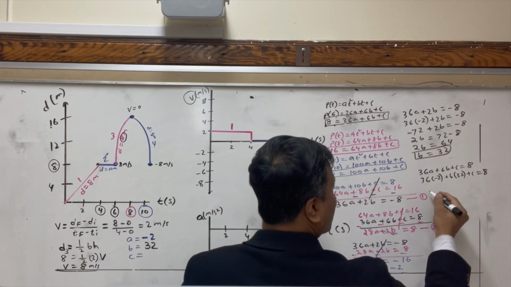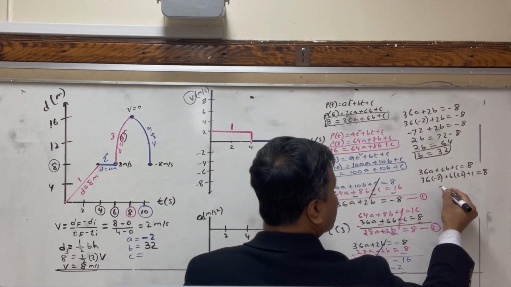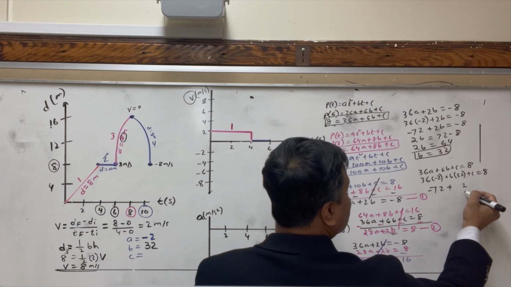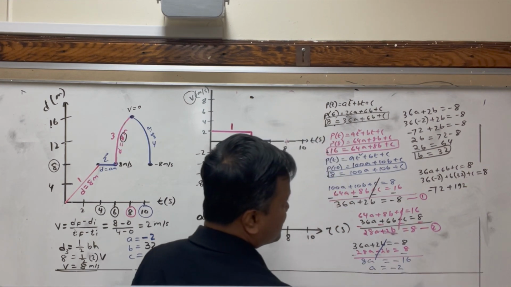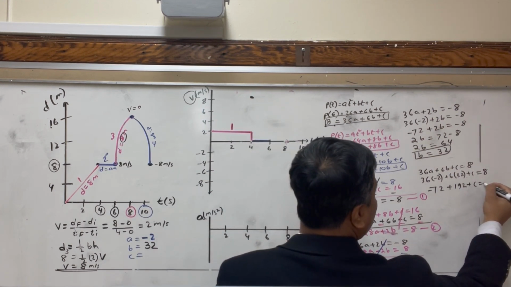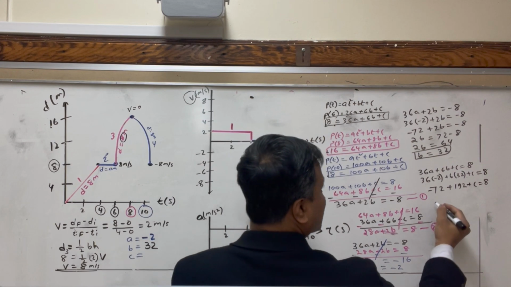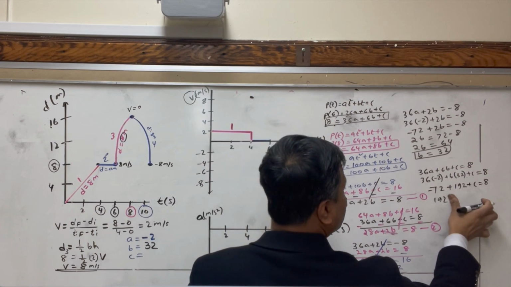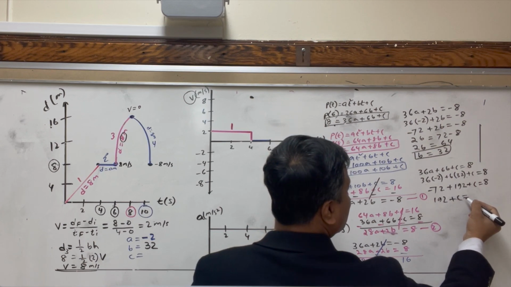Okay, so now this is minus 72 plus 192 plus c is equal to 8. So 120 plus c is equal to 8.